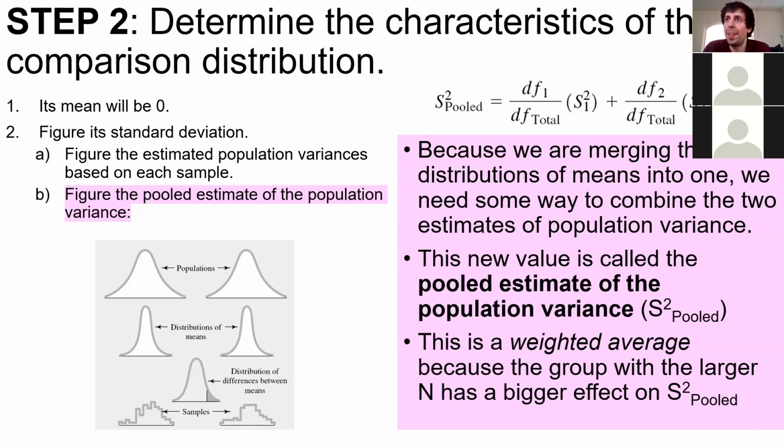It's a mouthful, and what it's referring to is the fact that it is a distribution that gets made when you sort of average out or merge together the distribution of means for each of the two population distributions representing the two groups in the problem, such as a control group and an experimental group, or a drug group and a placebo group.